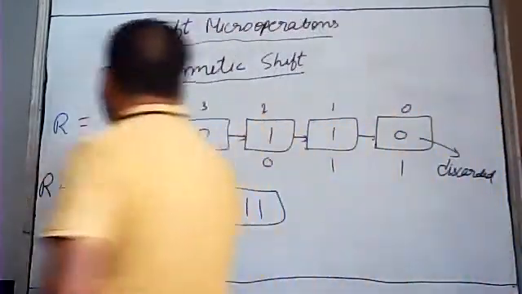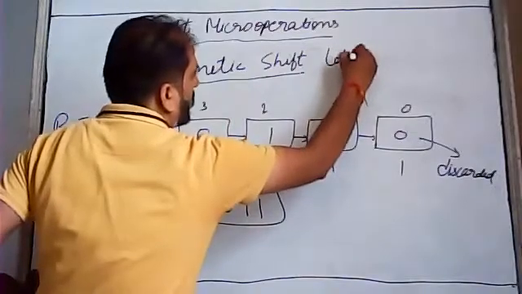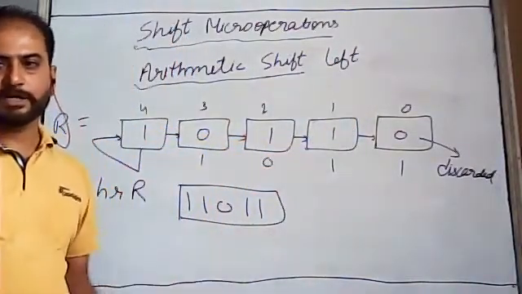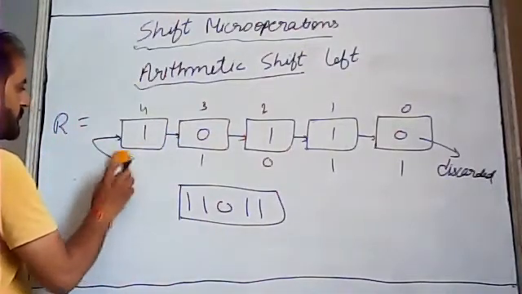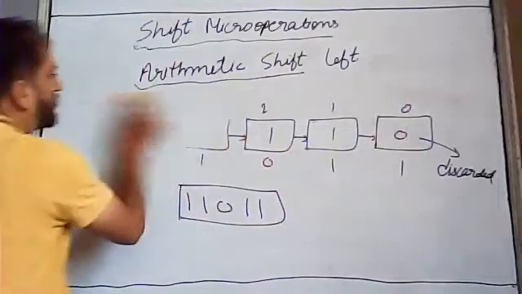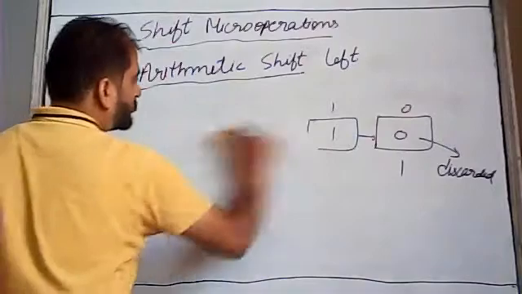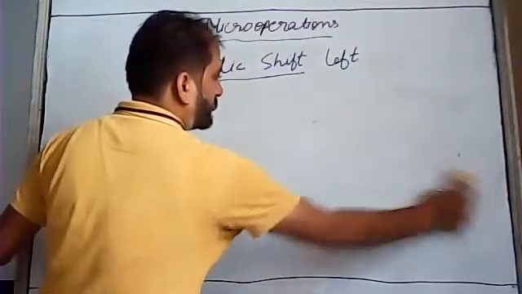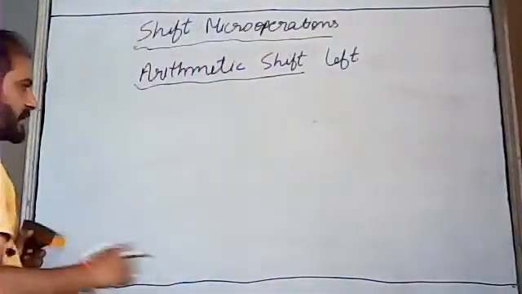Now the second case is arithmetic shift left. This is a little bit tricky. Again, let us understand it with an example.